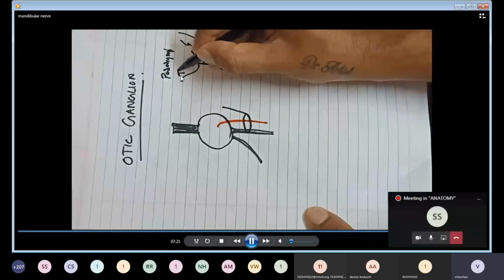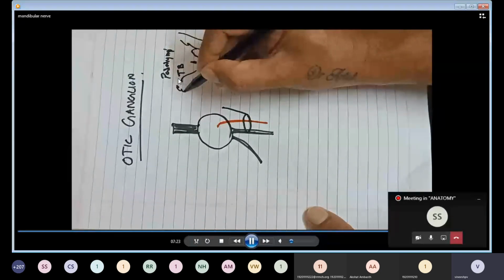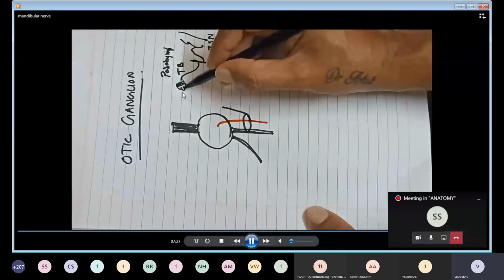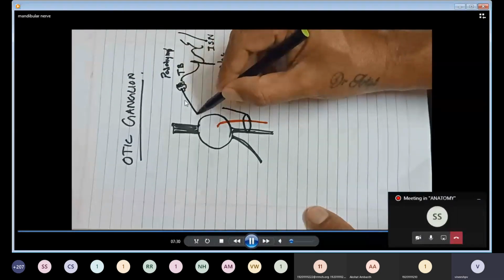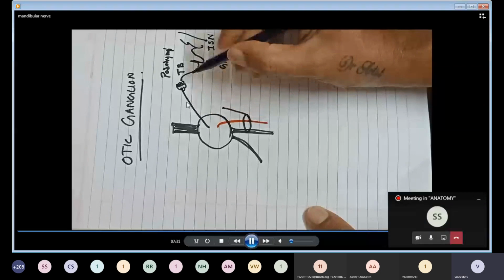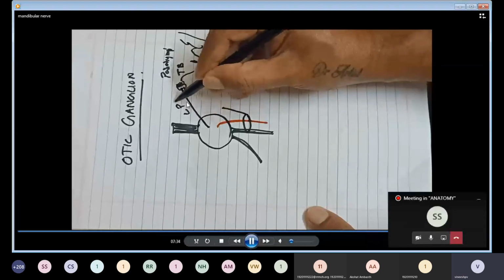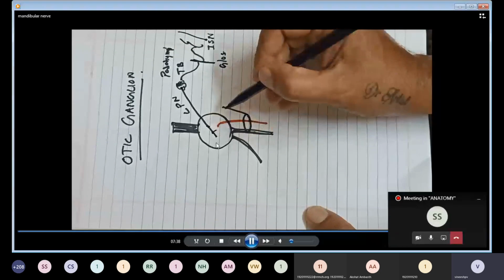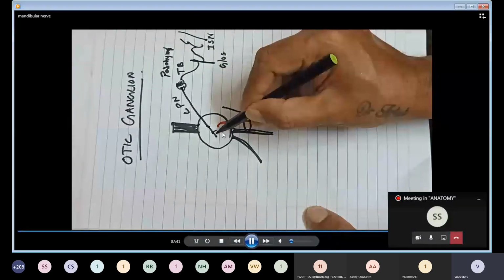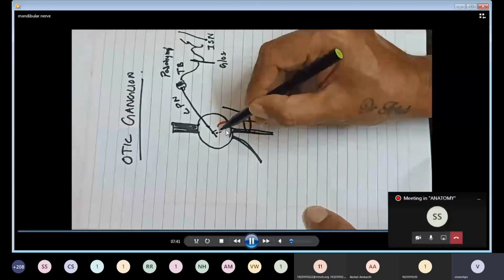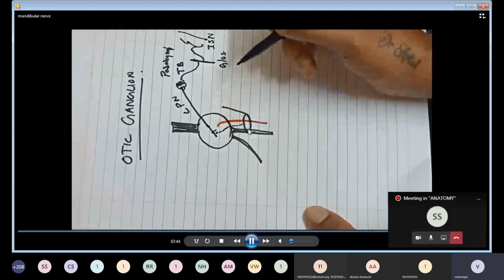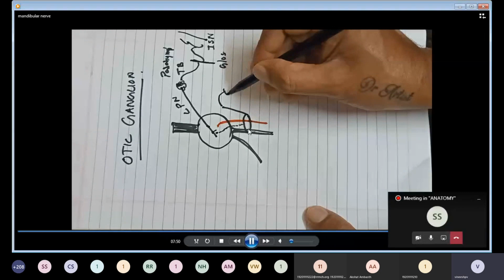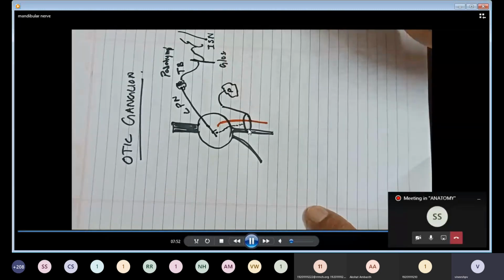From the glossopharyngeal nerve it continues as the tympanic branch, then the tympanic plexus. From the tympanic plexus it becomes the lesser petrosal nerve, which reaches the otic ganglion and forms a relay there. Then postganglionic fibers enter the auriculotemporal nerve, which supplies the parotid gland.